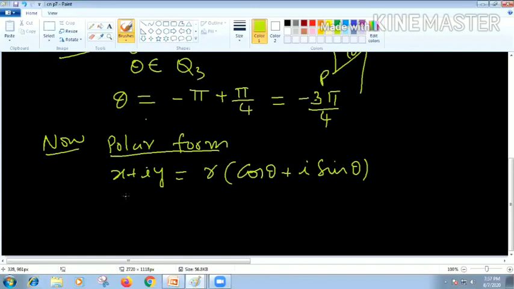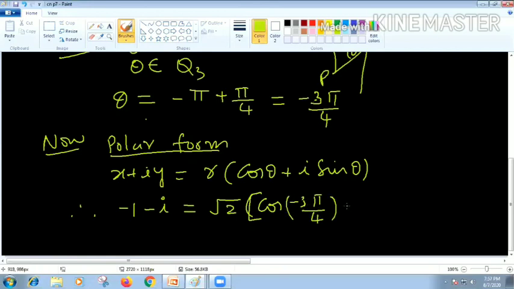So for this given complex number minus 1 minus i, the polar form will be, r value is root 2 and the theta value is minus 3 pi by 4, so root 2 into cos of minus 3 pi by 4 plus i sin of minus 3 pi by 4.